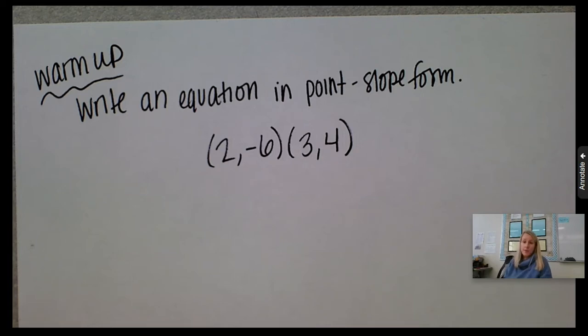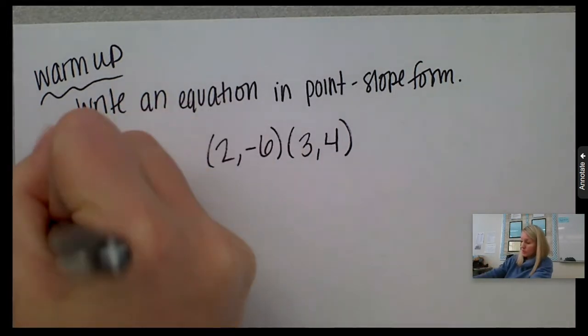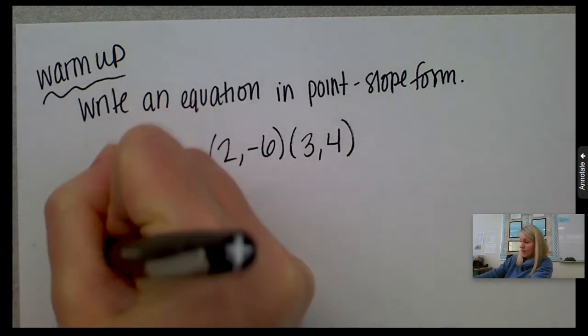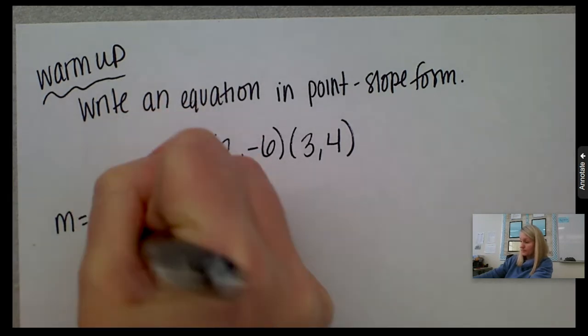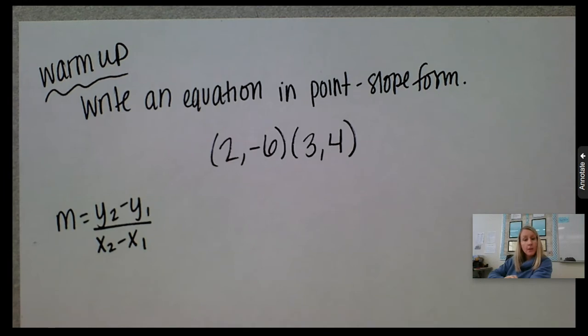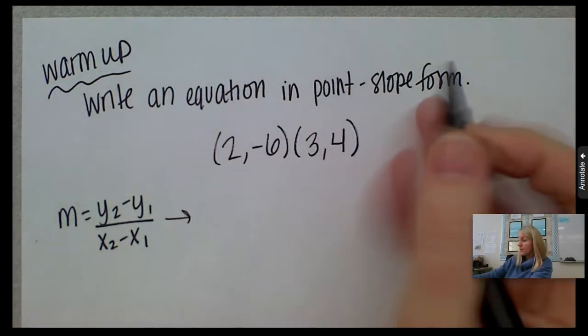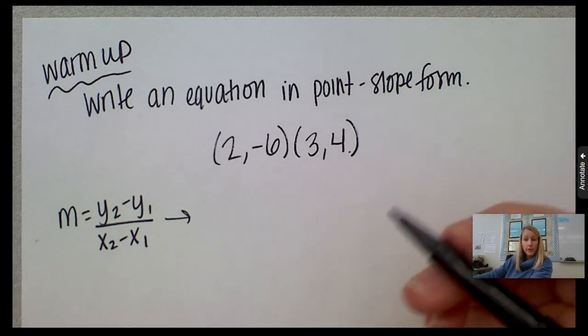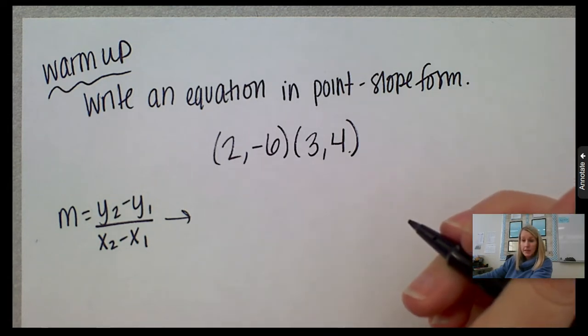All right, so let's go over it. The first thing I'm going to do is find the slope. As a reminder, I use the slope formula, y2 minus y1 over x2 minus x1. Let's plug in. You can label these x1, y1, x2, y2, whatever way your brain organizes it, go with that.